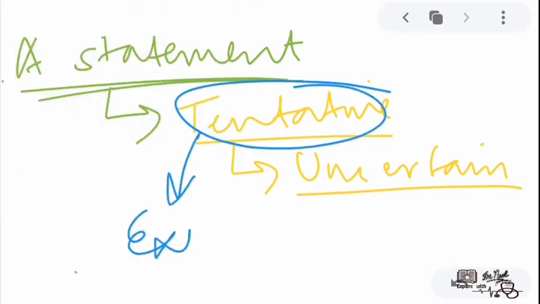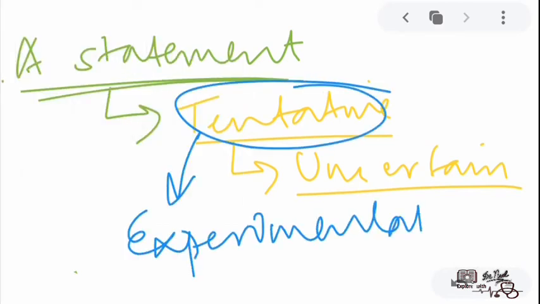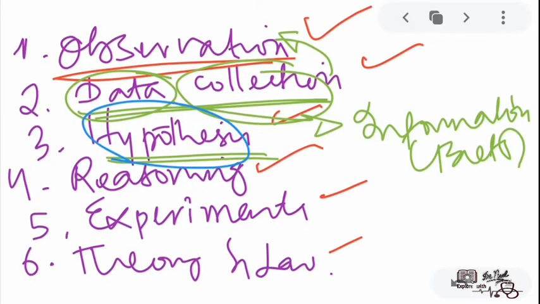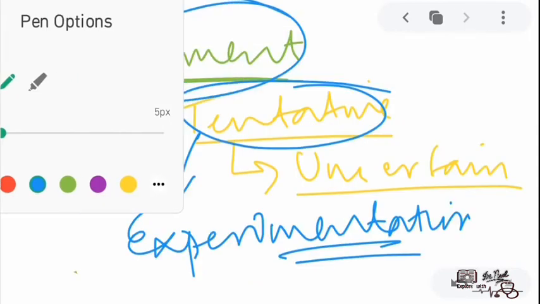That's why we refer to a hypothesis as a tentative statement which is produced after collecting the data. So once the hypothesis has been produced, reasoning starts playing its role.